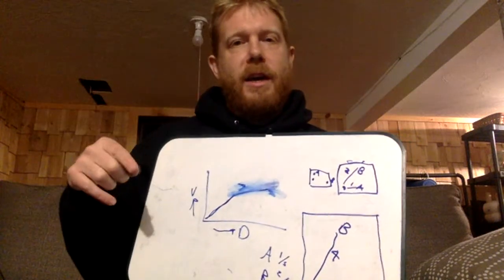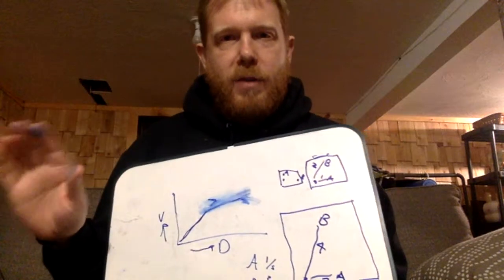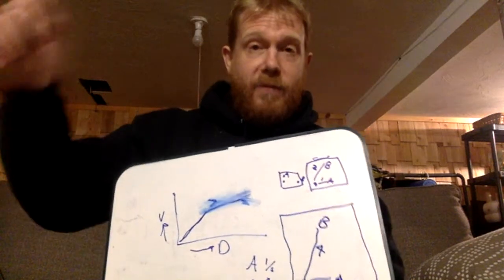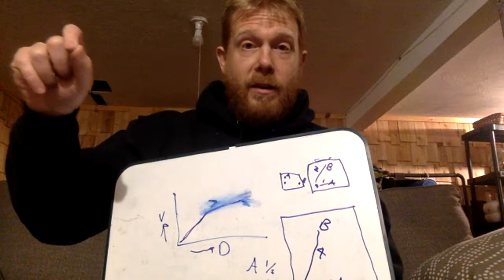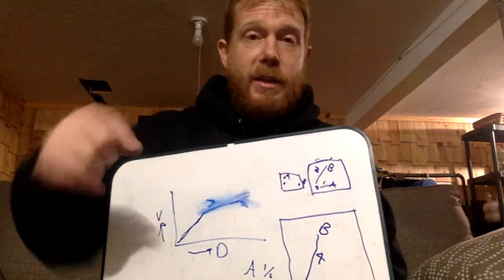And I think what you'll find, you know what you should find already, is that the object that was farther is moving faster away from you than the object that was closer.